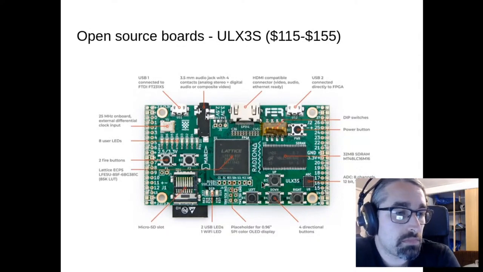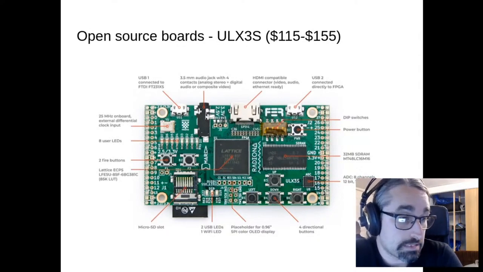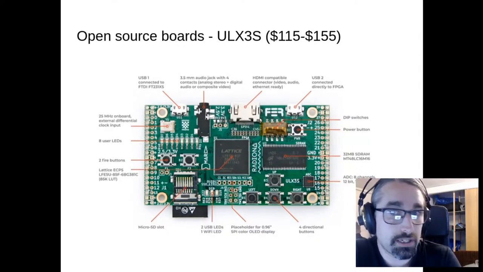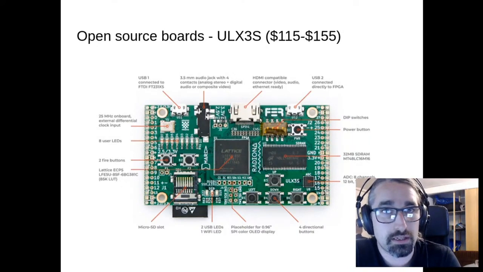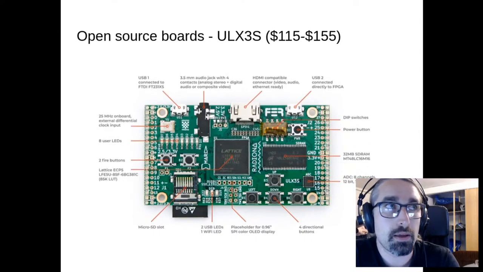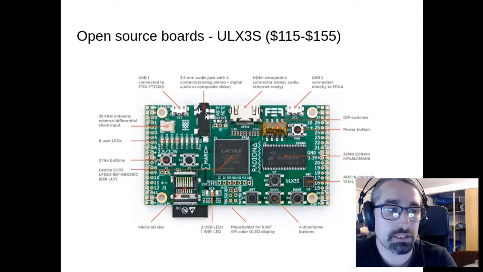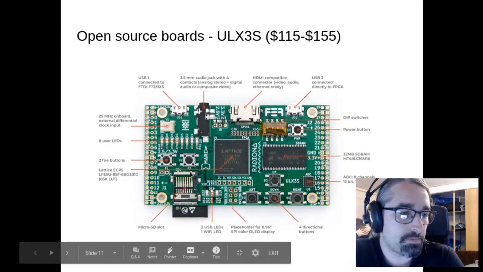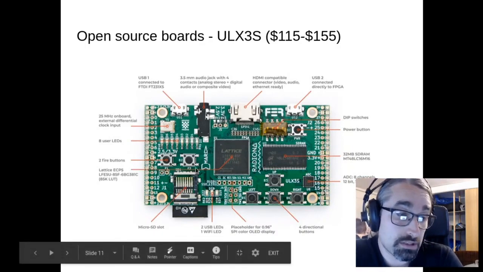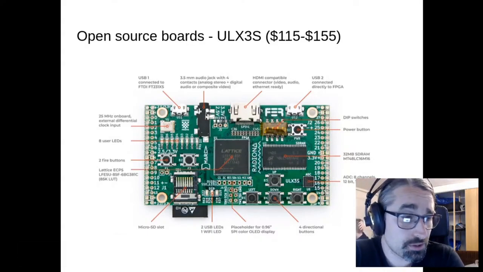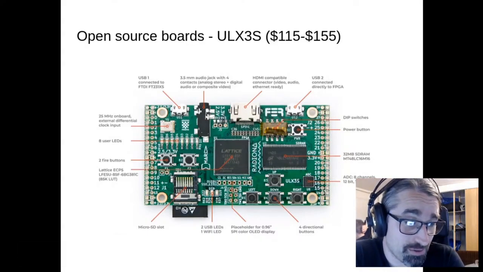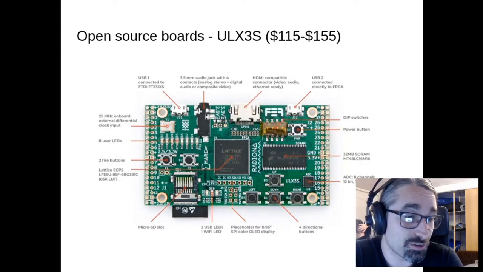Then if you want to know what boards exist, on this front of the ecosystem, there's more and more boards that pop up, mostly thanks to SymbiFlow making dealing with FPGAs much easier. So this one is not out yet. It's the ULX3S. As you can see, it has pretty much everything you might want for a handheld console.